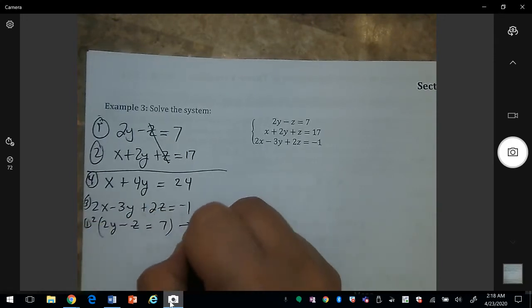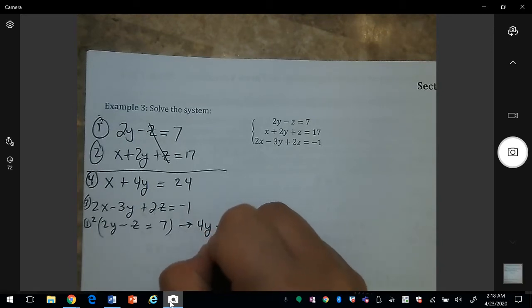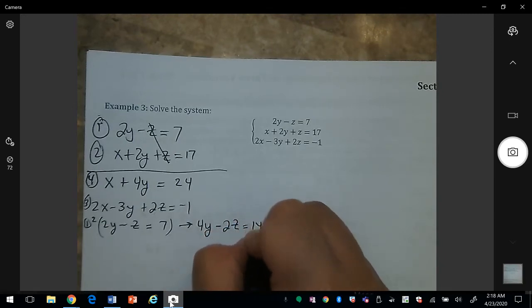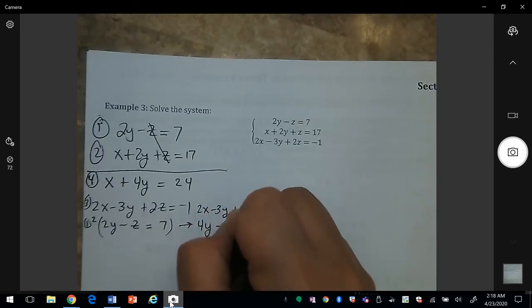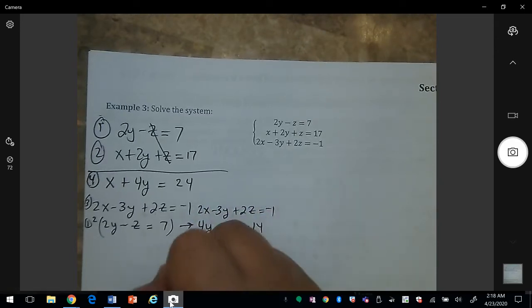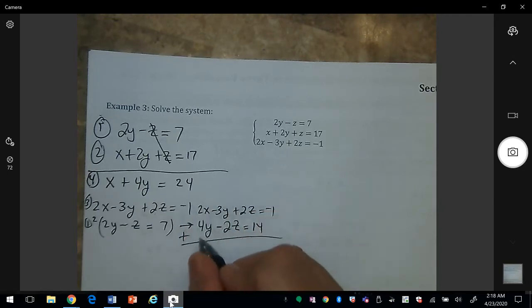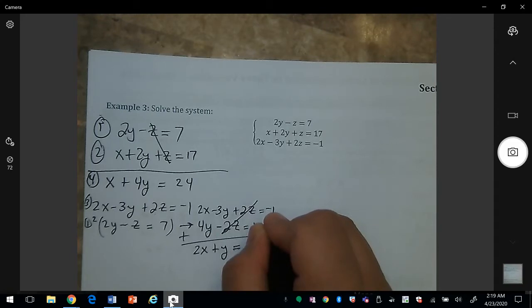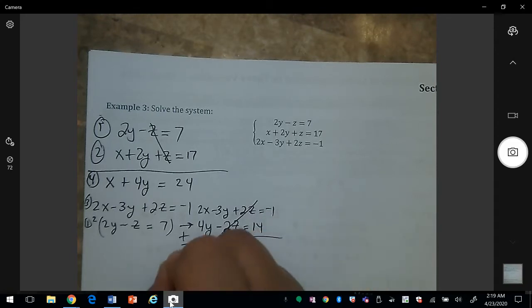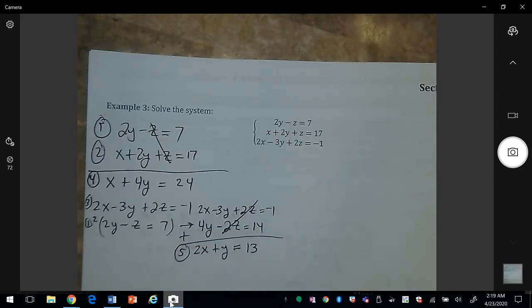So this would become 4y minus 2z equals 14. And the top one remains the same. I can add the equations. 2x plus 0 is 2x. Negative 3y plus 4y is y. My z's become 0. Negative 1 plus 14 is 13. And so that is equation number 5.